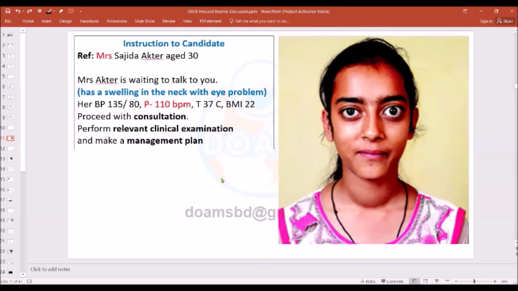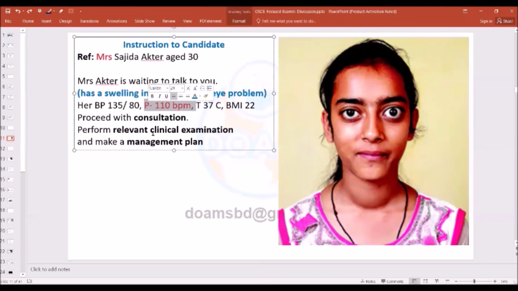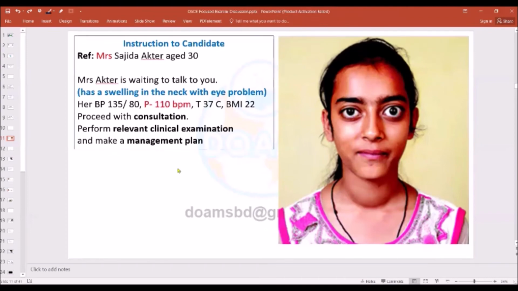Can anybody else add something more? No more. There are very tricky things given. If you look at the vital signs given, what is the pulse? Dr. Manal, help me please. Can you see? What is the pulse? 110. Could it be that this hyperthyroid lady may have atrial fibrillation? It could be. Possible.